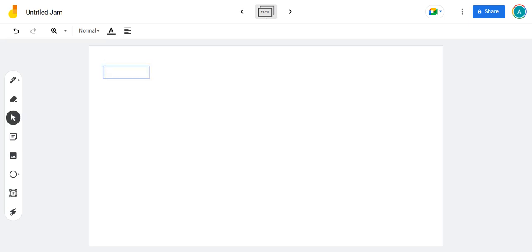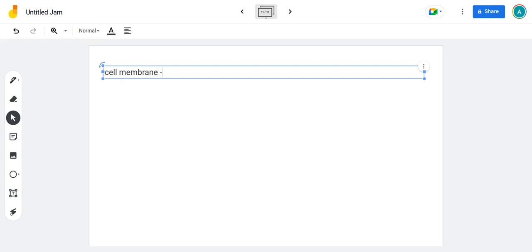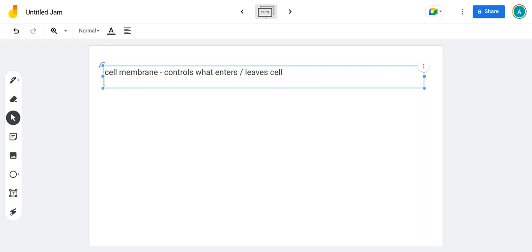We said already that the cell membrane, just like any cell membrane, controls what enters and leaves the cell. The cell wall has the same job as all cell walls, but it's made of something different to what you would make it from in a plant.